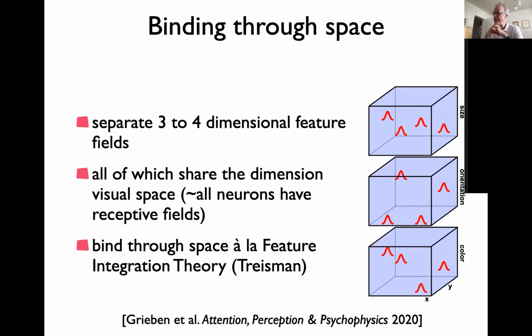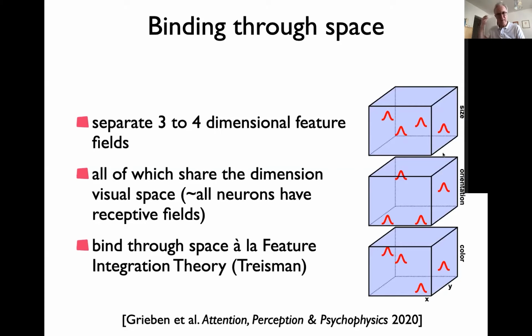So the idea would be that you anatomically bind features only in low-dimensional subspaces. This is what I was earlier hinting at, and what Raoul Grieben will be referring to in his talk: we typically think of neurons as always having a spatial dimension. That is, all neurons have spatial receptive fields.